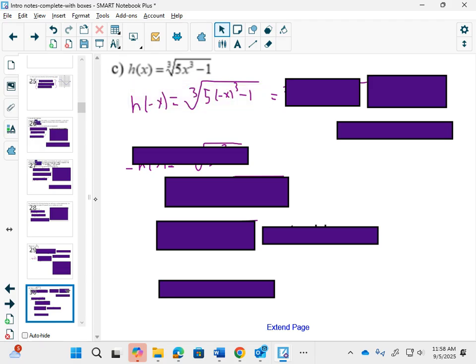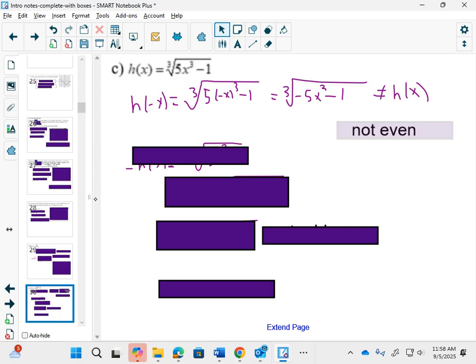I would start with h of negative x. When it gets cubed, that negative stays. That doesn't equal the original. I know that it's not even. Next, I would put the negative out in front.